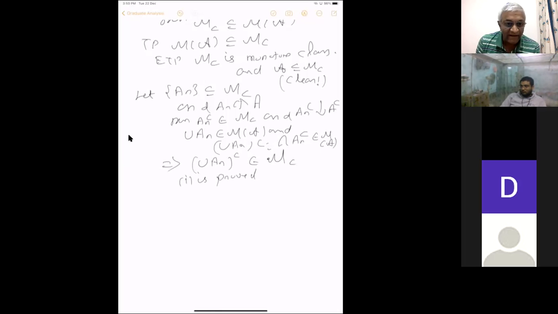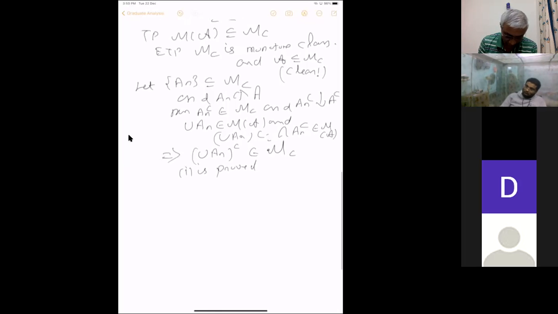Now we want to prove the other assertion, proof of 2. That is, M_C is closed under union. As we have already noticed, closed under union means it's closed under finite union. Then if it is closed under finite union, because it's a monotone class, the countable union is also there. That's what we have checked.